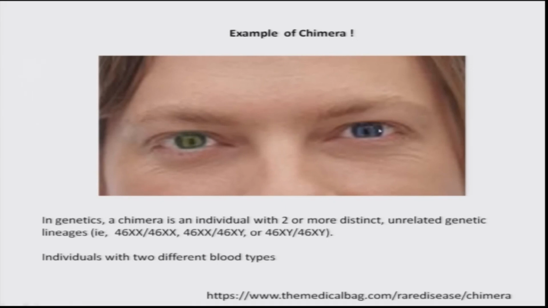There are many such examples, where individuals are chimeras for 46,XX and XY. There are some cells that are XY, some cells that are XX, and so on. There are also individuals known to have blood cells of two different blood groups. These are rare, but certainly they do exist.